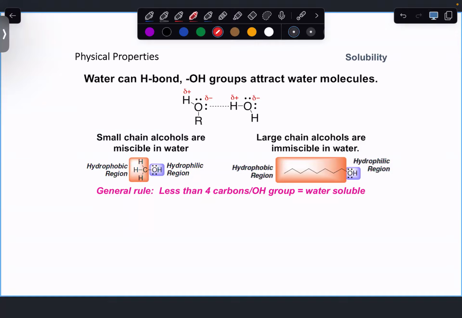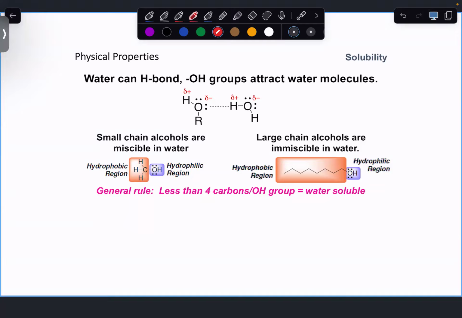Okay. Now, as you can imagine, if you have a small alcohol like a methanol or an ethanol, even a propanol, well, that hydrophobic, non-polar region is relatively small compared to the polar part of the molecule. However, once you start getting into really long chain alcohols, that non-polar piece becomes much bigger and much more significant.